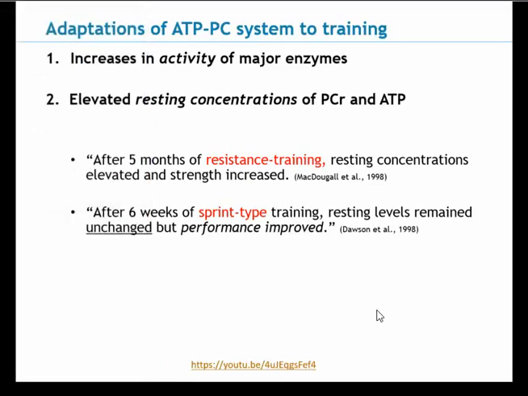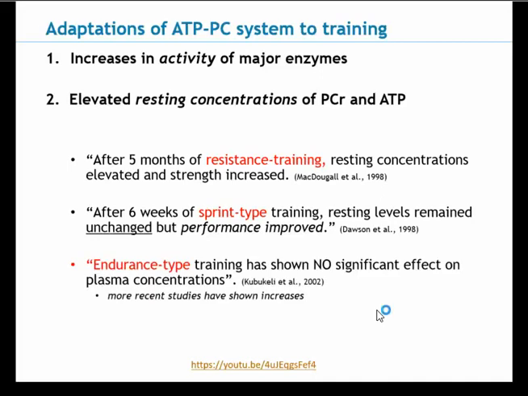It's been shown that stores deplete by only 20 to 60% of pre-exercise value in a 10 to 30 second sprint. So maybe that 10 to 30 second sprint was not long enough to cause greater depletion. That's why the fuel sources remained unchanged, but performance did improve, meaning that sprint performance is not solely based on our ATP and phosphocreatine stores.